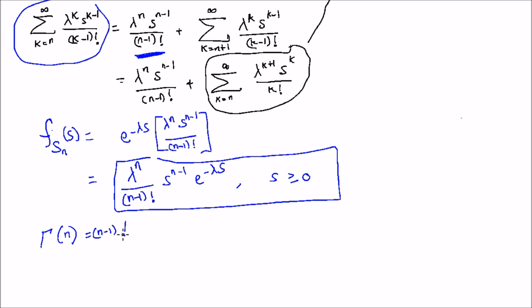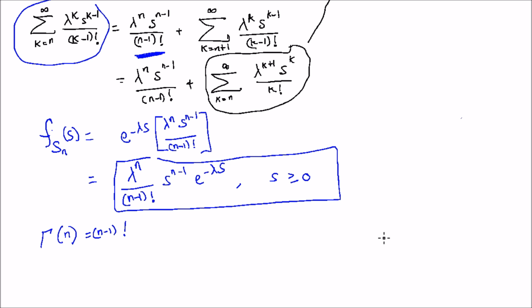One of the takeaways from this lesson is, therefore, the time to the nth arrival of a Poisson process follows a gamma distribution with parameters n and lambda, which we will define in the next lesson.